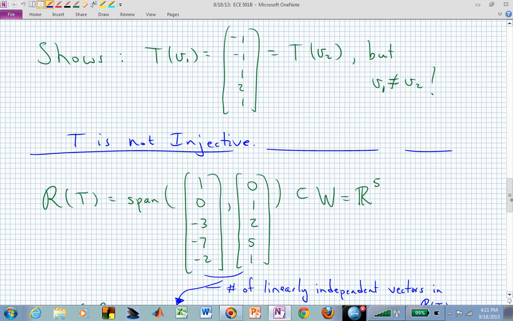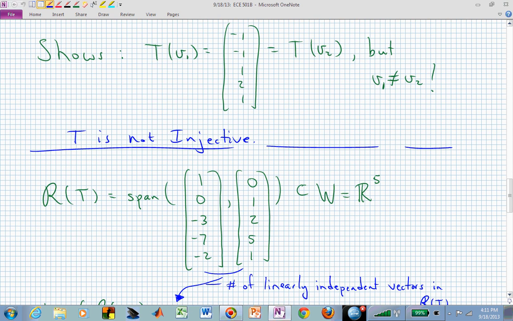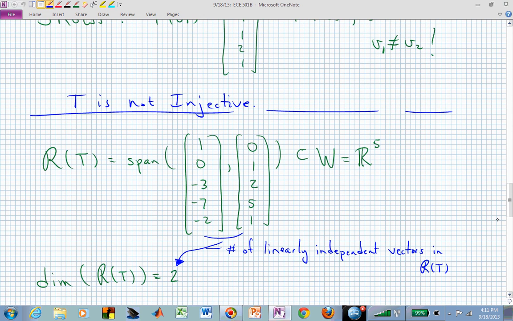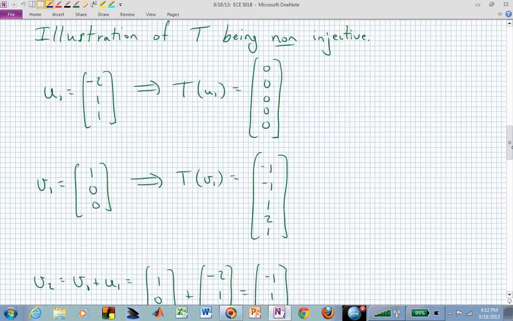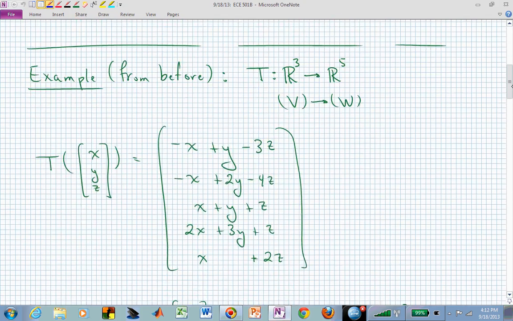We can also look at the range space of T, and we did last time, and we found that if we look at what could happen, one way to do that would be to go back to our original linear map and replace this with three different vectors, 1, 0, 0, 0, 1, 0, and 0, 0, 1. That'll give us three vectors. Well, there was actually some linear dependency among those three vectors.